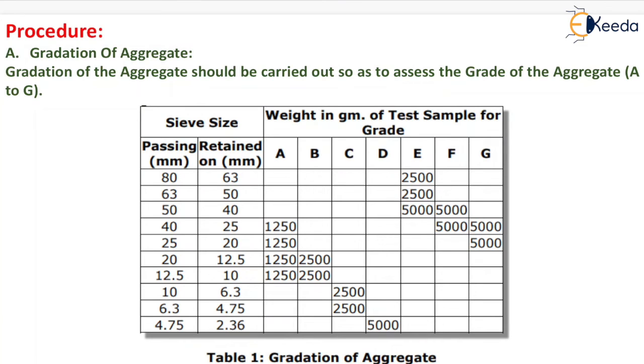That is, passing sieve is 80 mm, retained sieve is 63 mm, and for grade E type aggregate the weight of the test sample in gram will be equals to 2500 grams. Similarly for different types of grades, weight will be written here like this.